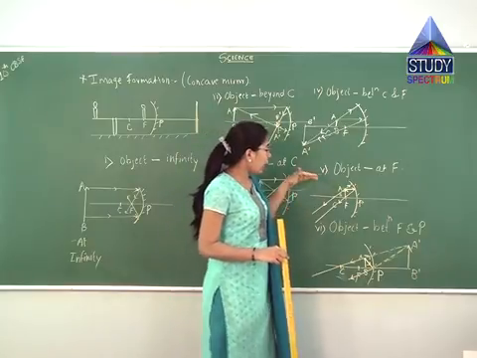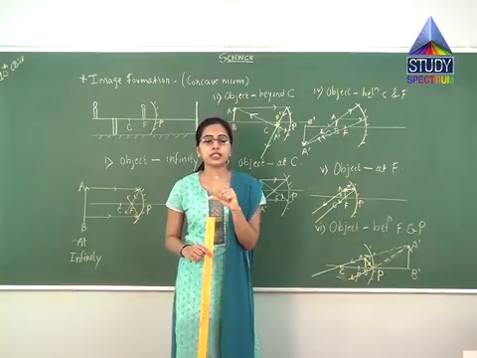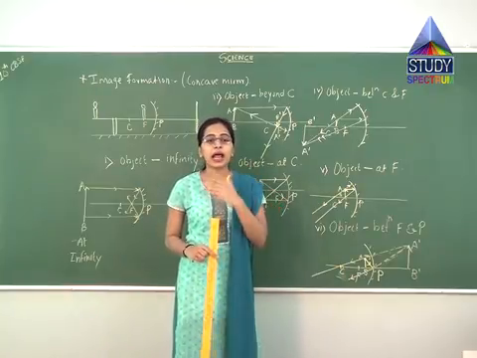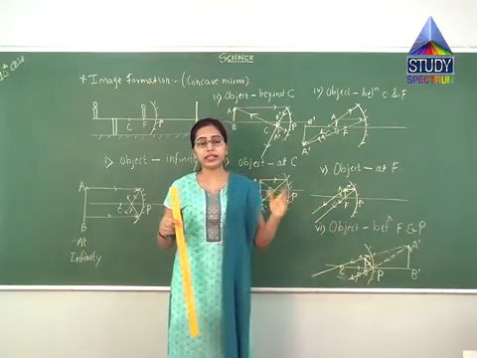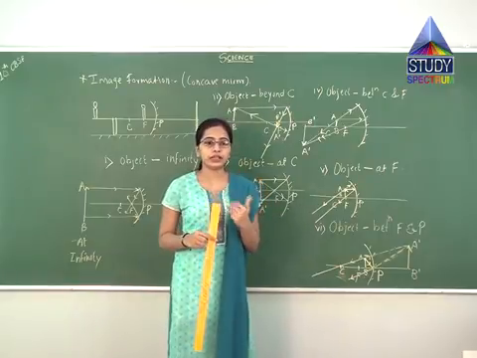Then in the fifth case, when we are putting the object at the focus, that is the principal focus of the mirror, the image formed at infinity and it was highly enlarged, definitely it is at infinity so it will be highly enlarged, and it was real and inverted.